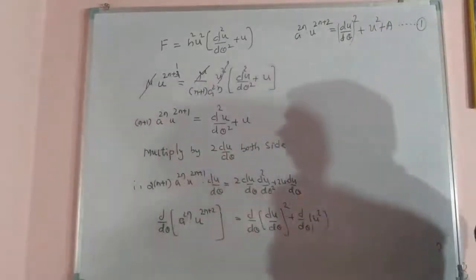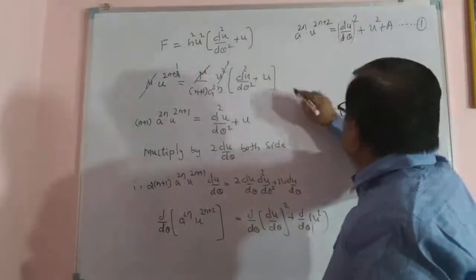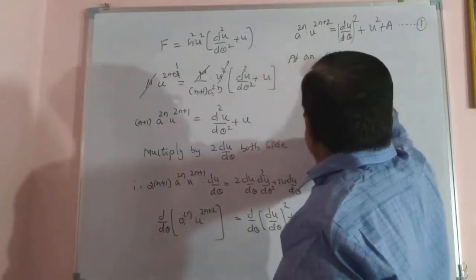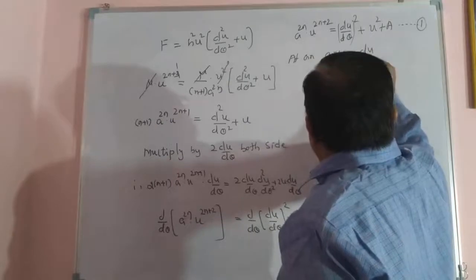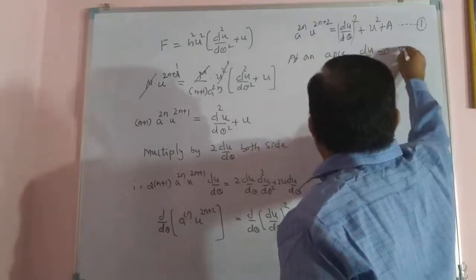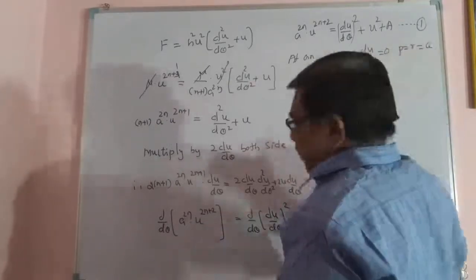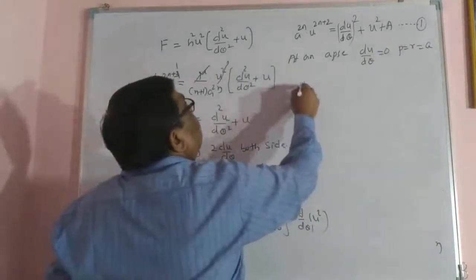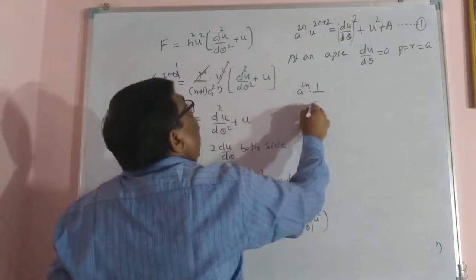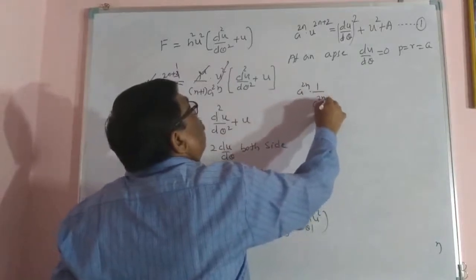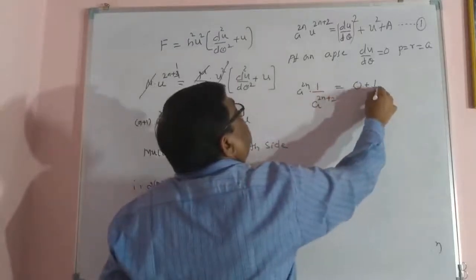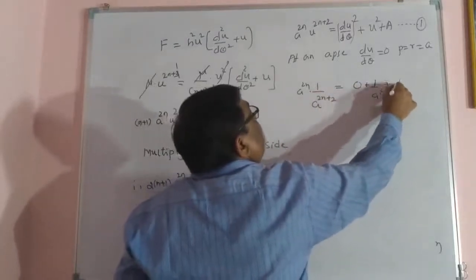I have to find out that constant. At an apse, du by d theta is 0, p equal to r equal to a. If I substitute this, it is a raised to 2n, 1 upon a raised to 2n plus 2 equal to 0 plus 1 by a square plus constant.